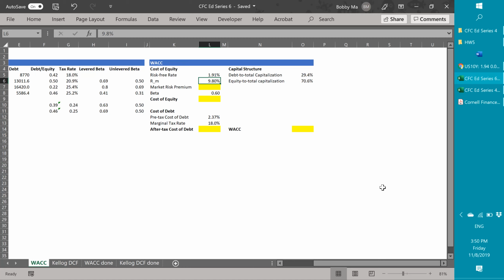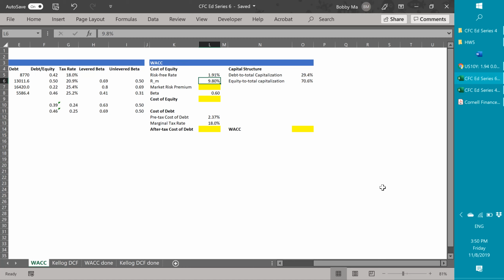I also got this online, but I think this number should actually be lower as of right now because people are expecting a recession to come soon. So people are expecting lower market returns. But I got this number quite a while ago, so I just plug in 9.8% here.